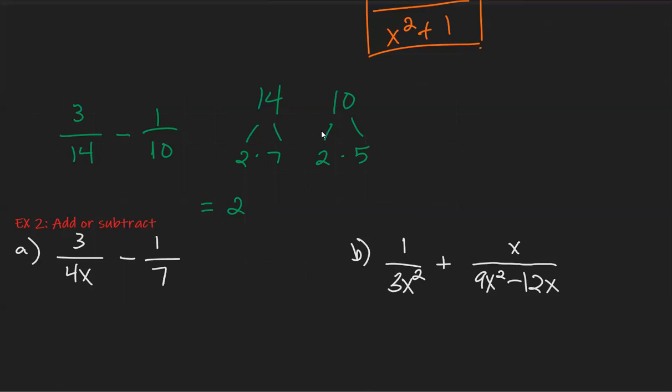The 10 needs a 5, so that's going to be part of the shopping list. And the 14 needs a 7, so that's going to also be part of the shopping list. So what's your final shopping list? It's 2 times 5 times 7. 2 times 5 is 10, times 7 is 70. Okay, so that's your final shopping list, right?